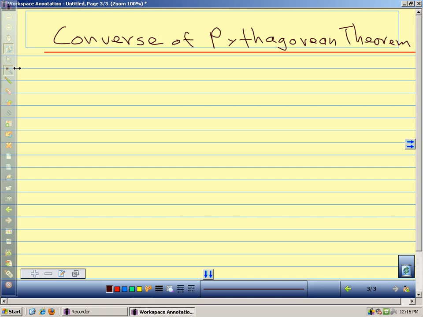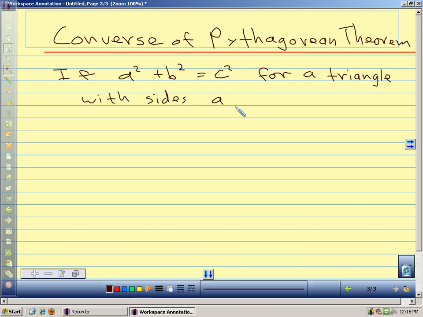So our converse is going to say: if A squared plus B squared equals C squared for a triangle with sides A, B, and C, and C is the longest, then the triangle is a right triangle.